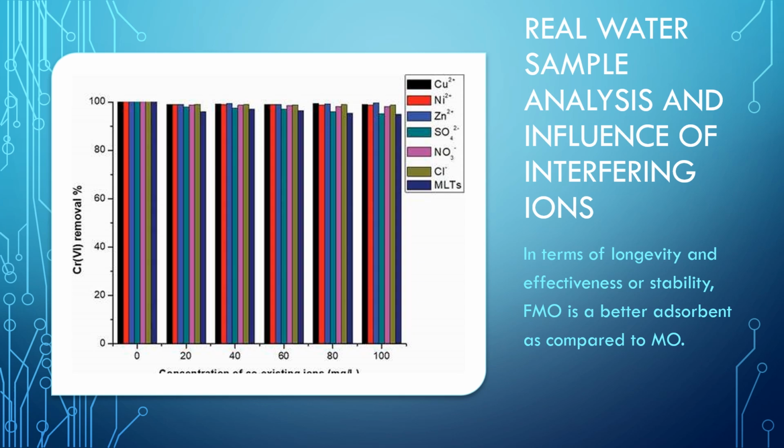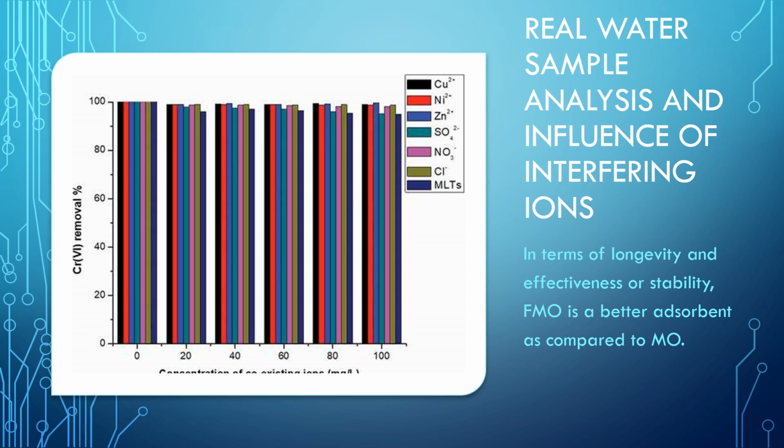It can be observed that Ni2+, Cu2+, and Zn2+ have a minor effect on chromium-6 removal. At pH 2, the amine groups on the adsorbent FMO surface were positively charged, therefore making electrostatic interaction between cations and adsorbent impossible.